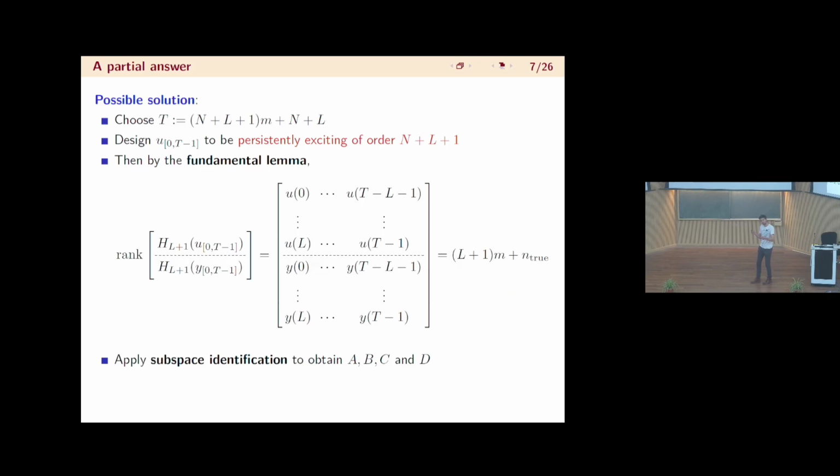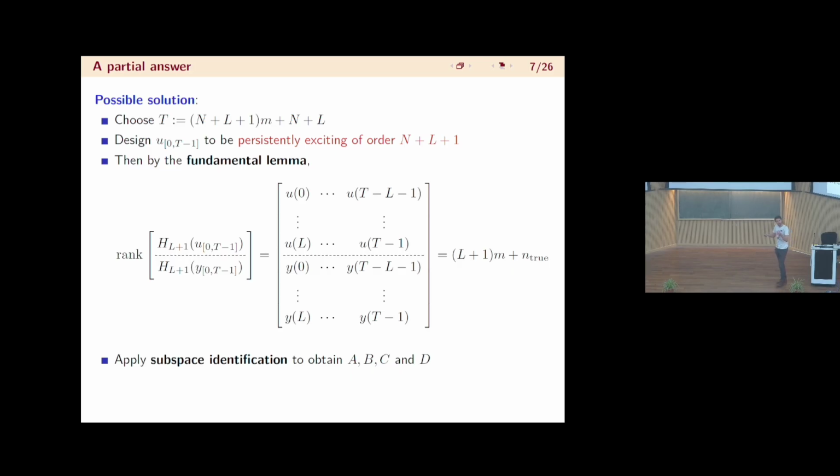But it turns out that one can also tweak the scheme that they have, and one can work with persistently exciting inputs of slightly lower order. Namely, you only need persistency of excitation of order n plus L plus 1. I did not explain that on Monday. It's a bit of a technical argument, but the bottom line is, instead of working with persistently exciting inputs of order 3n, you can also work with this order by making some modifications to their scheme.